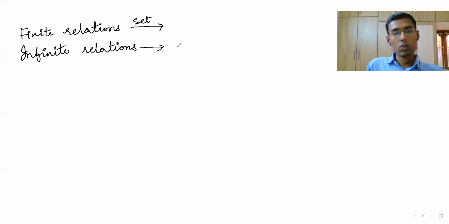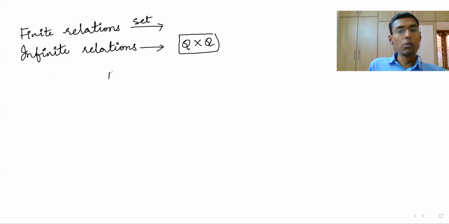Now I'll show a relation. Q cross Q. This is Cartesian product on rational numbers. Yes, sir. Got it.